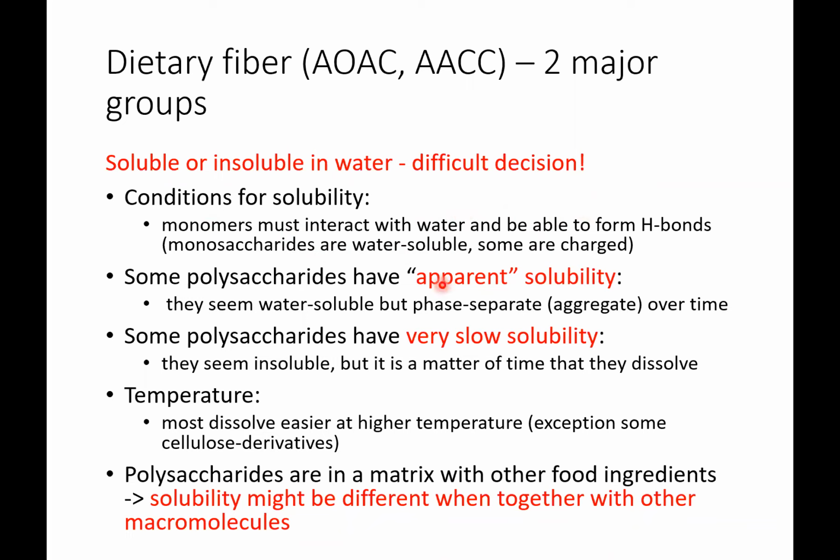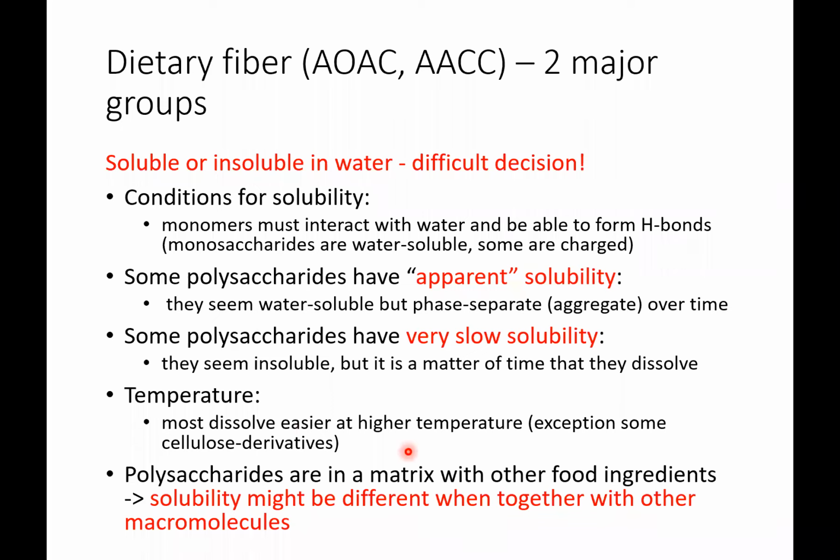Now, some polysaccharides show an apparent solubility. That means they look like they are soluble, but if you give them some time, they will aggregate and then phase separate out. So they were not really soluble. And the opposite can be the case. They can have a very slow solubility. So they seem soluble, but it's a matter of time until they really go in solution. But they will dissolve over time. Temperature plays a role.